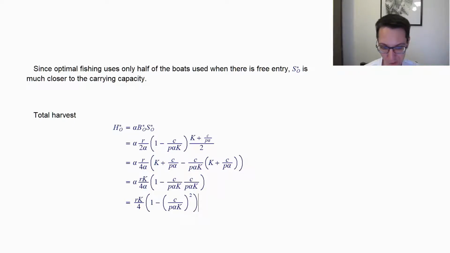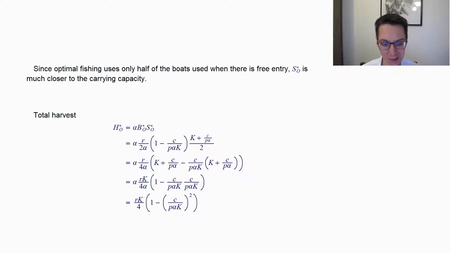All right, so that was a whole lot of fun. I encourage you to do it on your own to make sure you understand what's going on. So what can we say about this? Well, we can't easily compare it to the stock of the free fishing. Well, we could, but it's a bit complicated, so let's not do it.